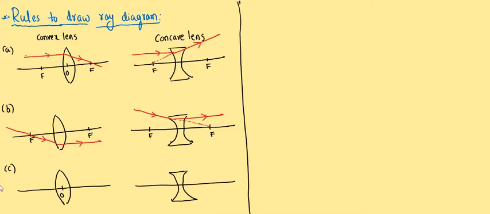The third rule is that if the light ray passes through the optical center, it goes straight without any deviation. See the C diagram. The light ray is going straight. That means if the light ray passes through the optical center, it cannot bend.